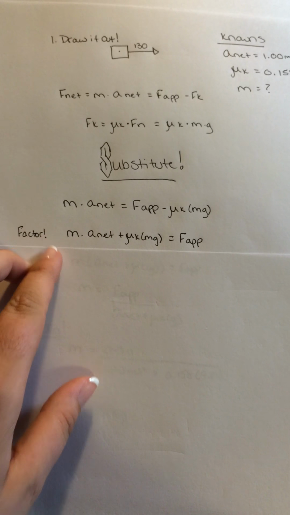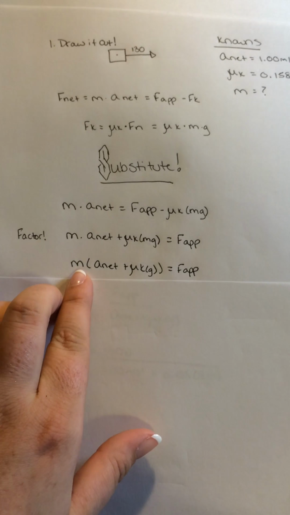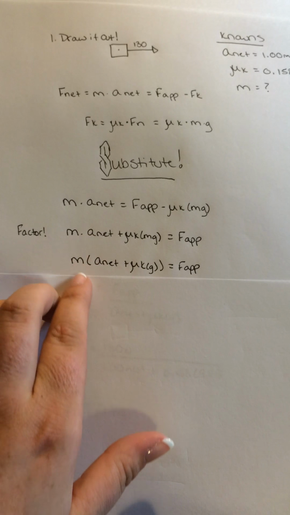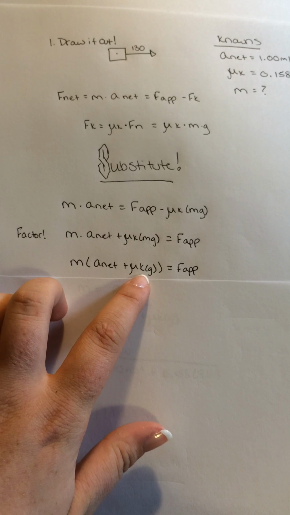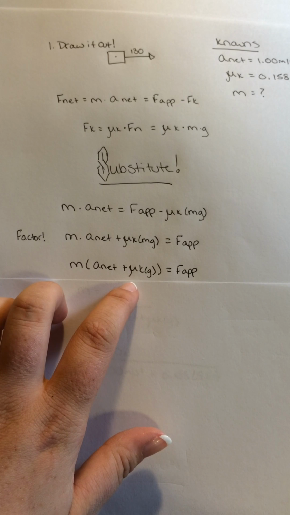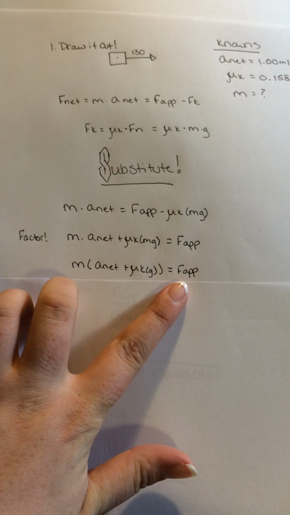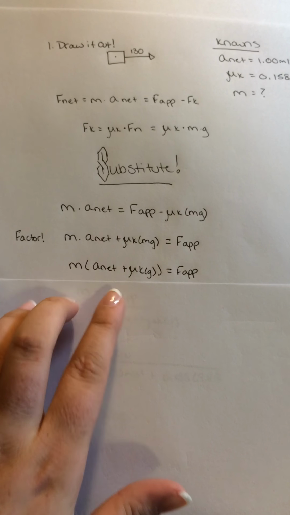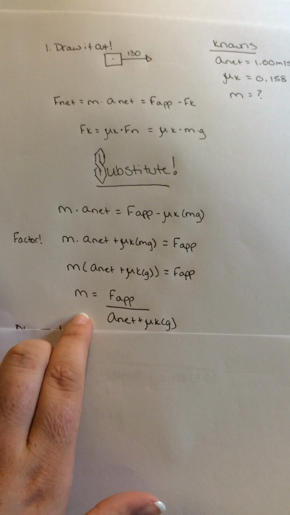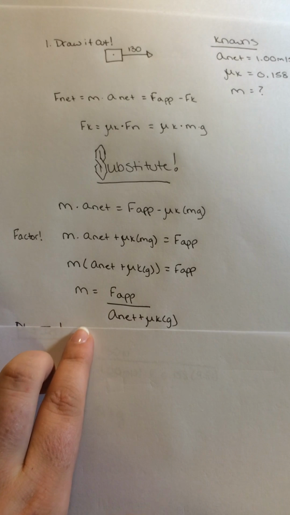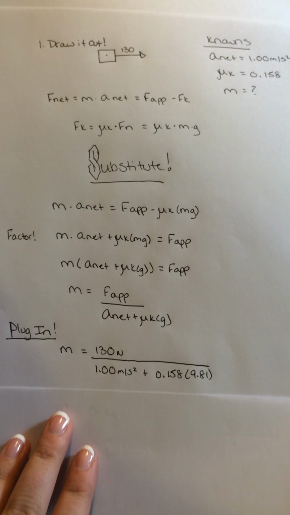Now all we have to do is factor the mass out. We have mass times the net acceleration plus the coefficient of kinetic friction times gravity equals our applied force. Now just divide your applied force by this to get mass by itself, and all you have to do is plug and chug.